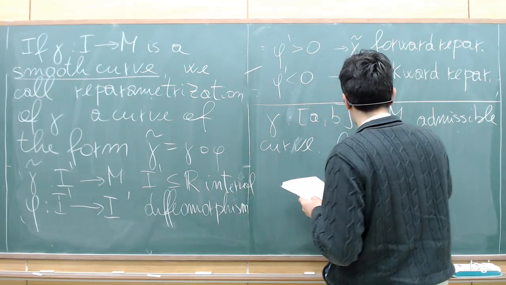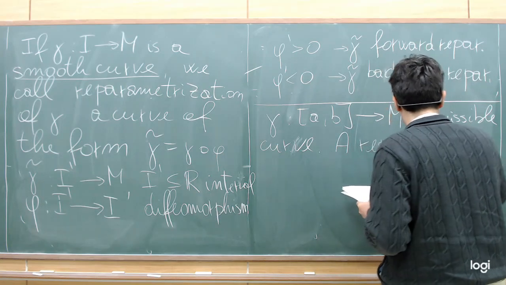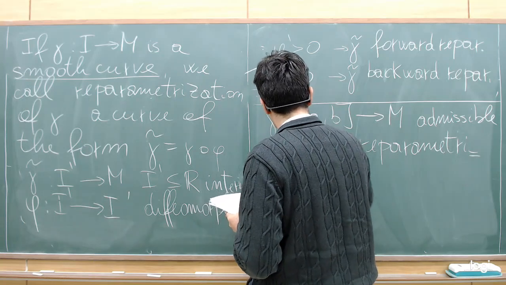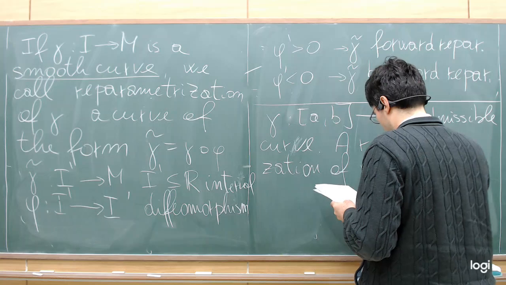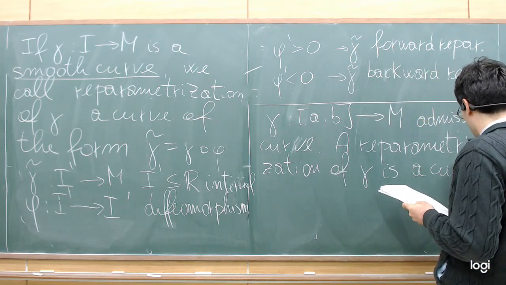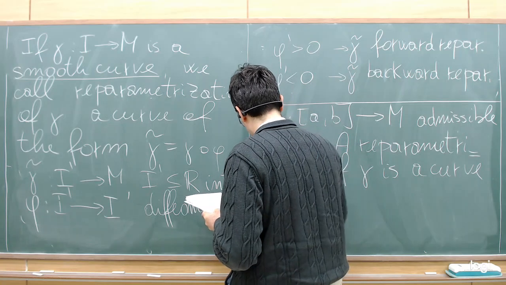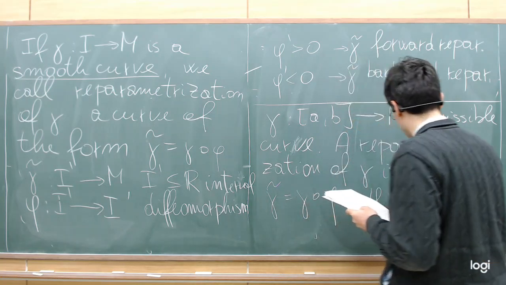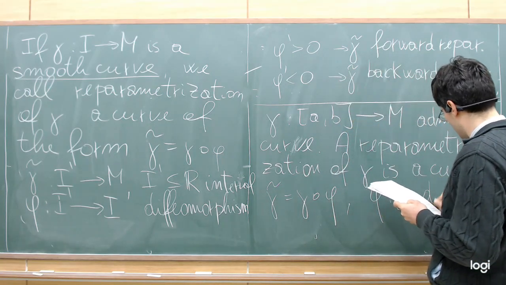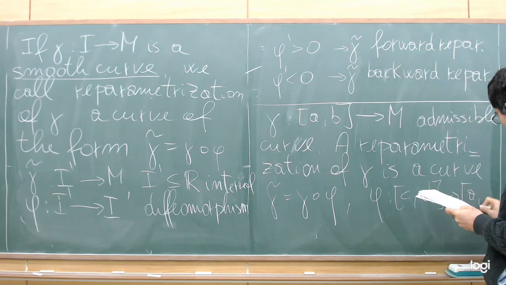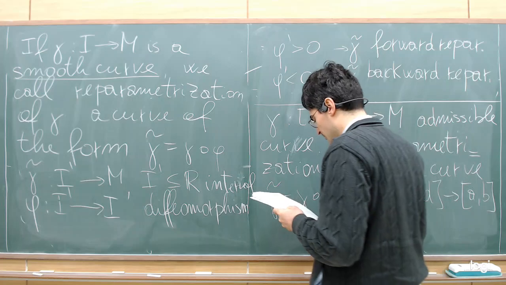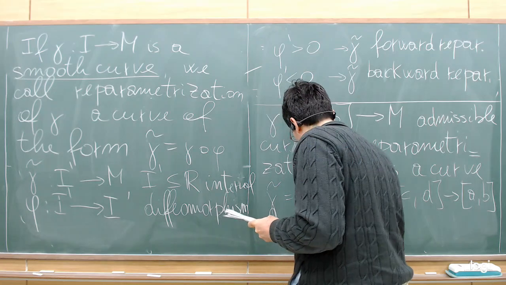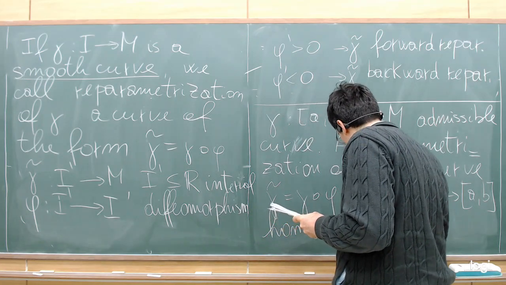So our reparametrization is a curve gamma tilde equal gamma composed with phi, where phi goes from [c,d] into [a,b], and phi is a homeomorphism with the following property.